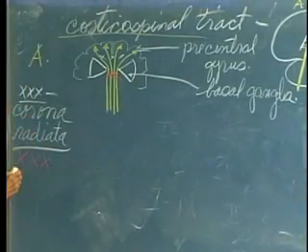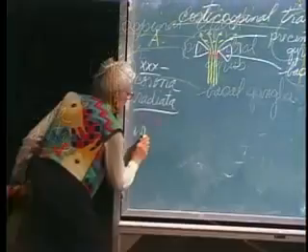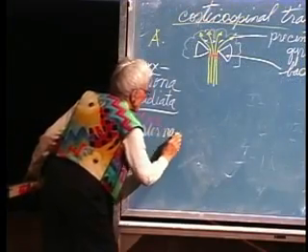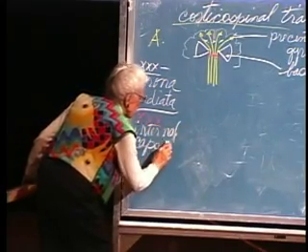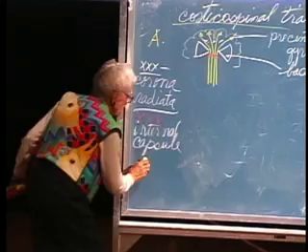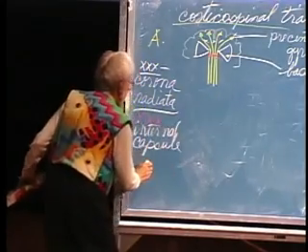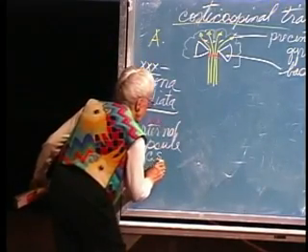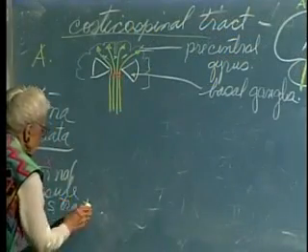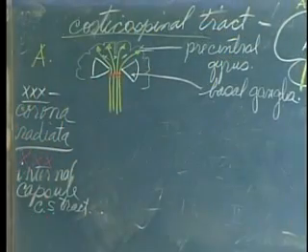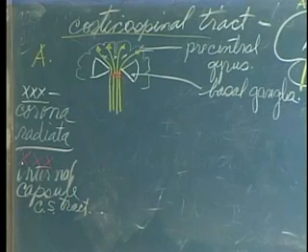So in red, I've put internal capsule, for corticospinal tract. Because you'll learn eventually the blood supply of this whole area. Very important. You see, you break a blood vessel here and you're paralyzed. These are your main fibers going down.